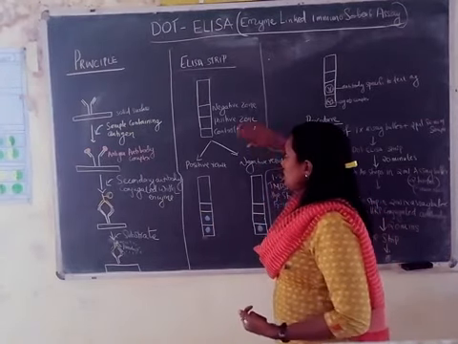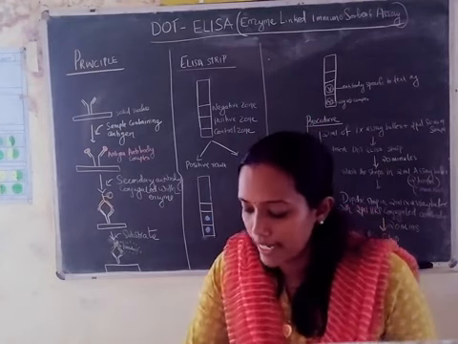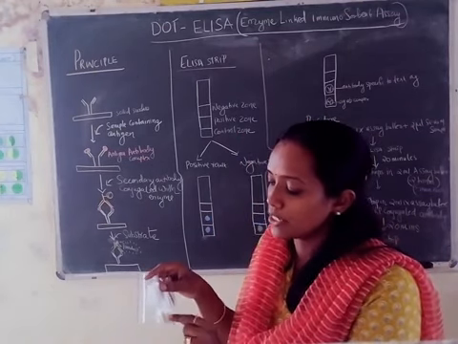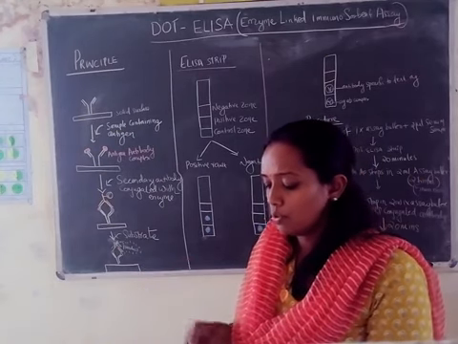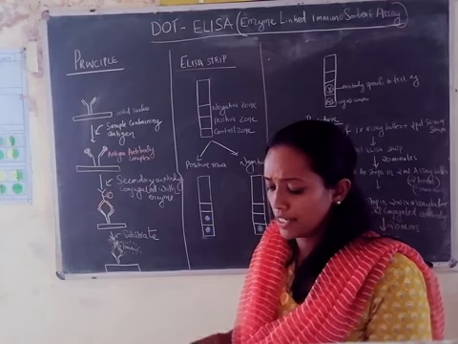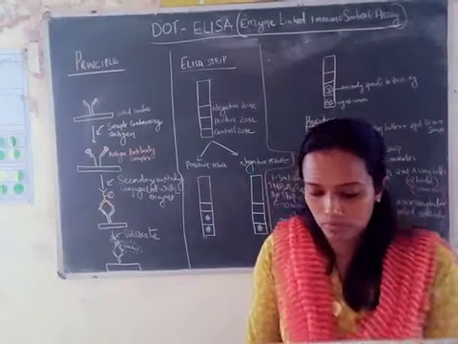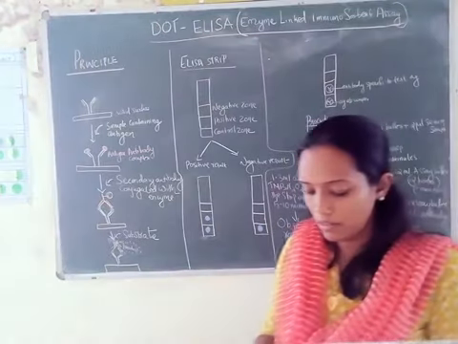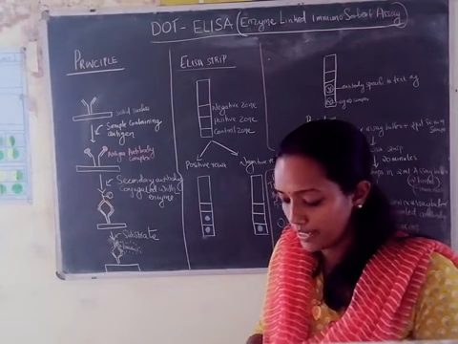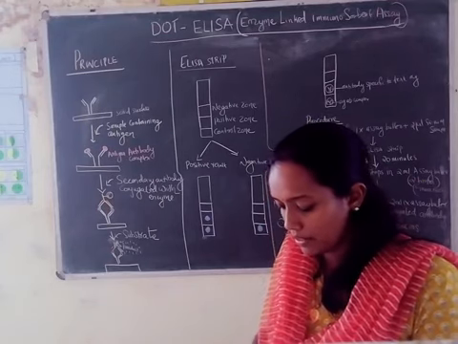Fine. Now what is there in the ELISA strip? I told you already that if you see the ELISA strip, three different sections are there. 1, 2, 3. Now, what is there in these three sections? I will show you once again the ELISA strip. When you look at this ELISA strip, you can clearly see there are three sections.